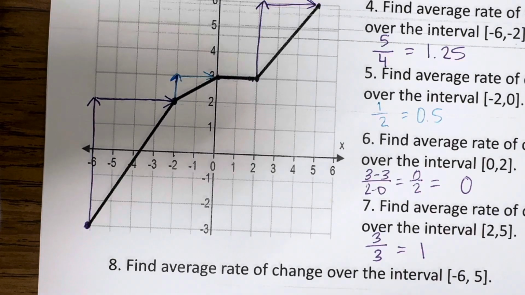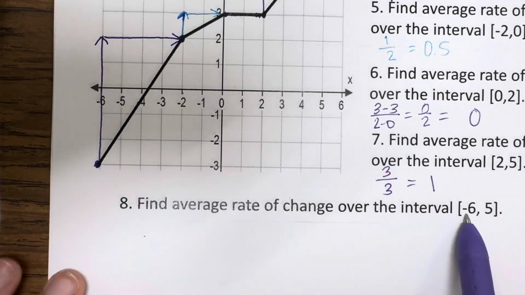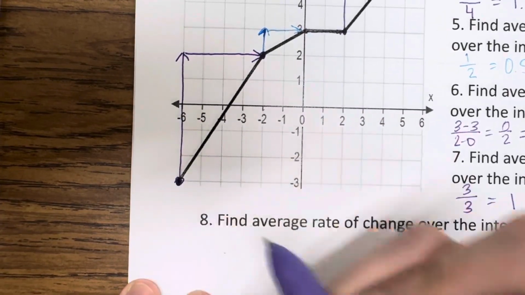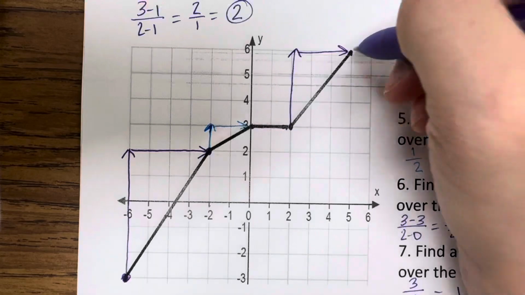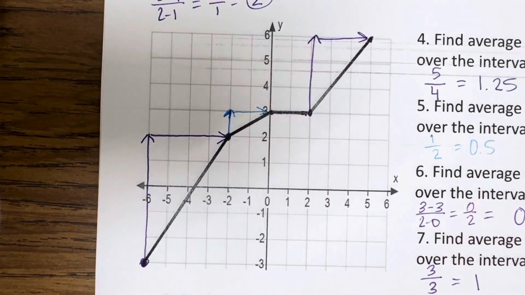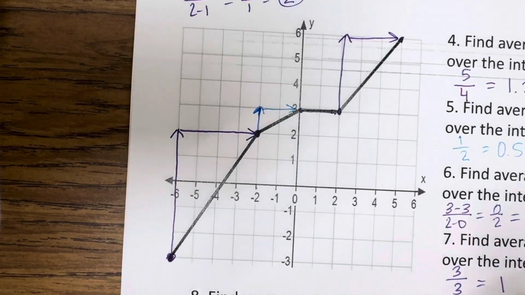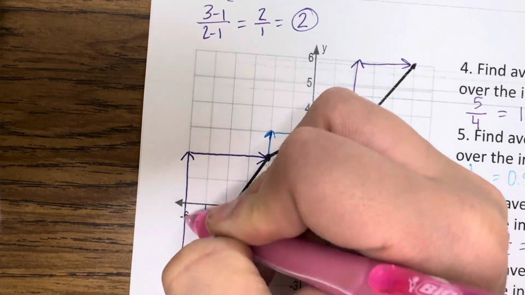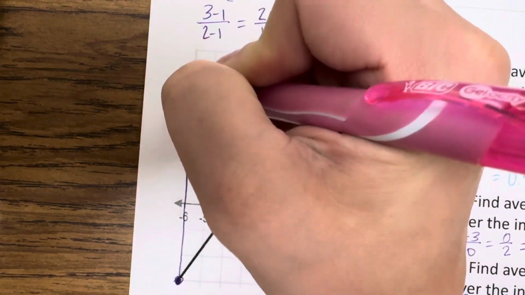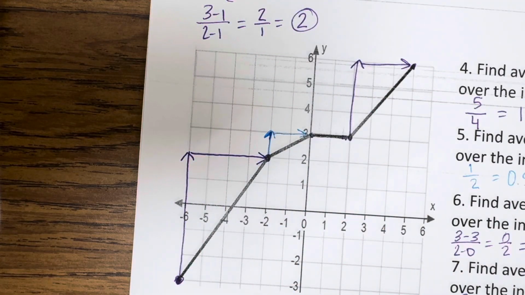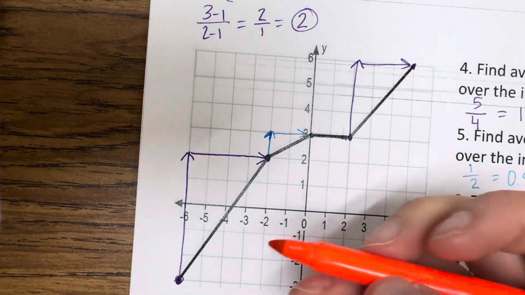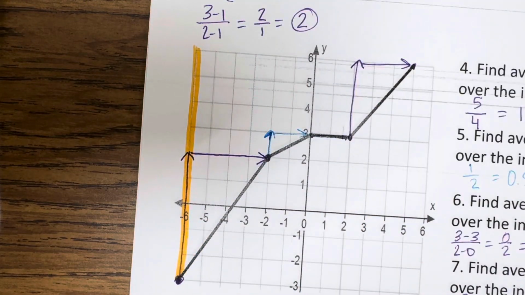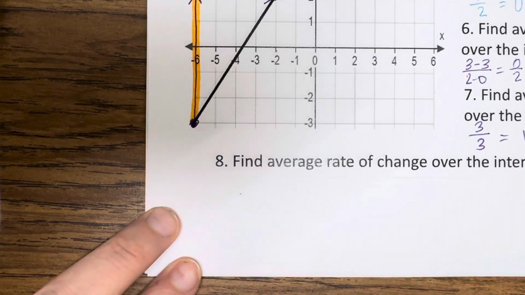And then, sorry, there is one more, average rate of change over the interval -6, 5. So we know -6 was -3 and 5 was +6. So we could still do rise over run to go from -3 up to 6. So that would mean I went up 9.